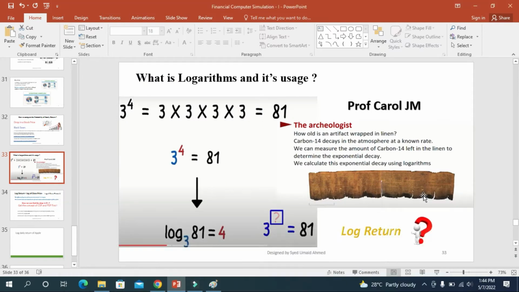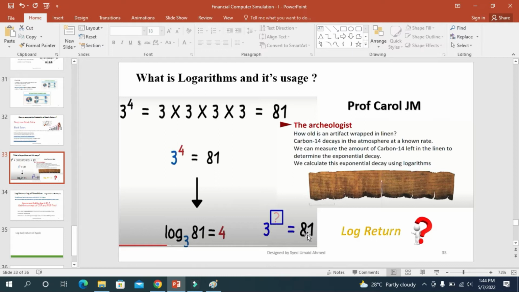We can calculate these conversions by using a simple concept, the form of writing a logarithm. You already know log base equal power, and on this side is written equal base and power.